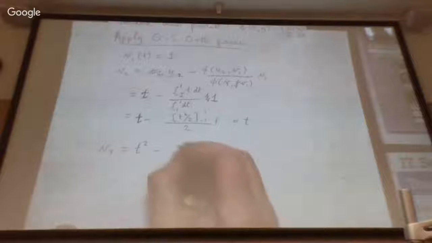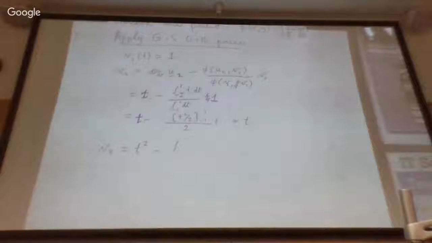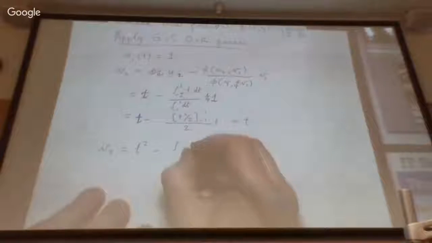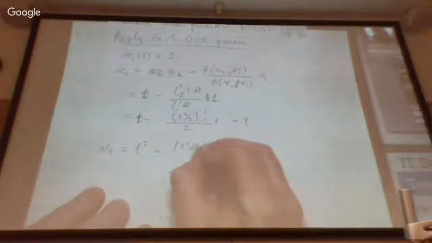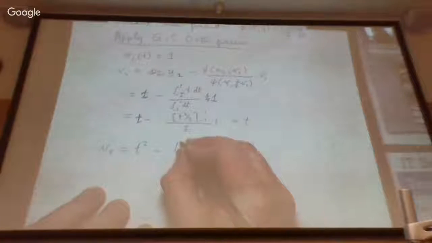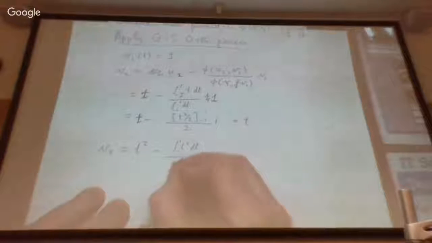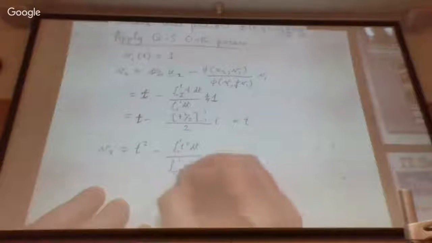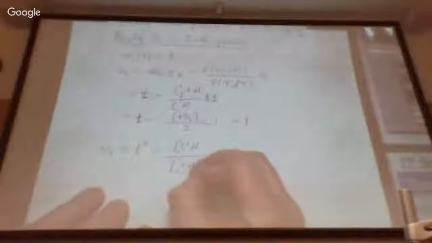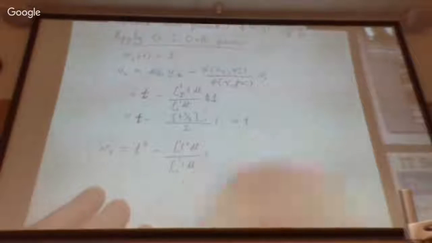The projection of t squared onto the constant 1 is the integral of t squared dt from -1 to 1, divided by the norm squared of 1, the integral of 1 squared.